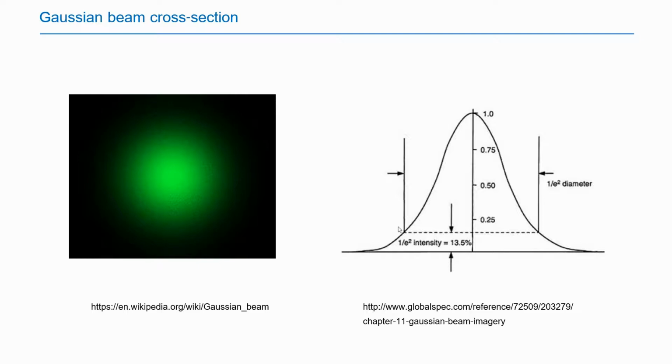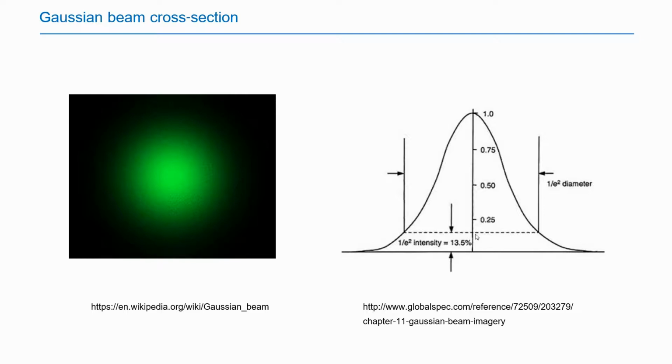So when we talk about the diameter of a Gaussian beam, we have to somewhat arbitrarily define a point to call the edge, and in this case we're going to do it using the 1 over e squared diameter. We are looking for the point where the power falls to 1 over e squared of the peak power.